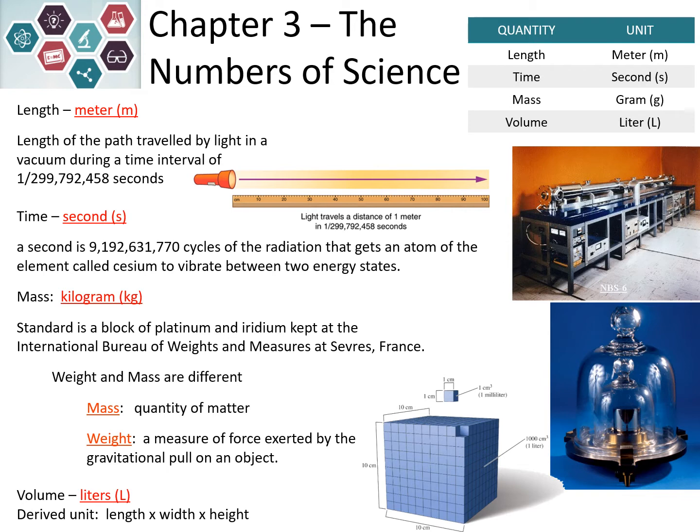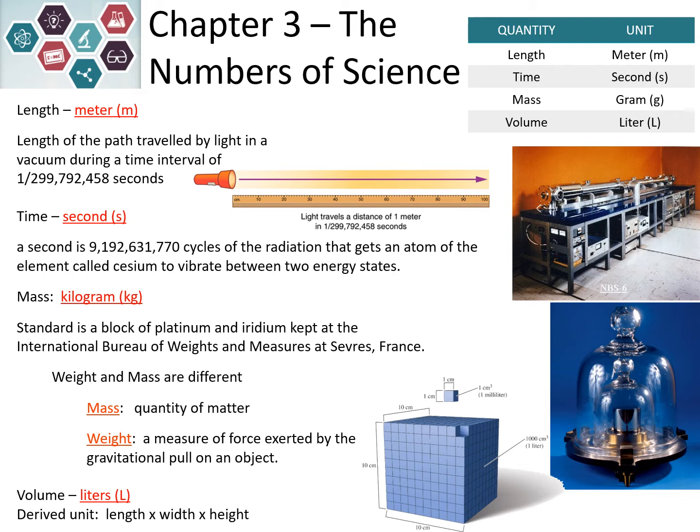Mass, the unit we use in science, is a kilogram or a gram. So kilo means 1,000 times larger than 1 gram. And in the past, it has been a standard block of platinum that has been kept very, very carefully in France. And we'll talk about in just a minute how we're moving away from that.